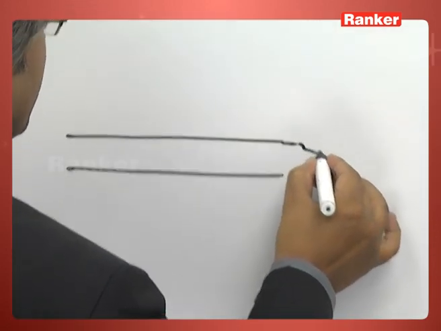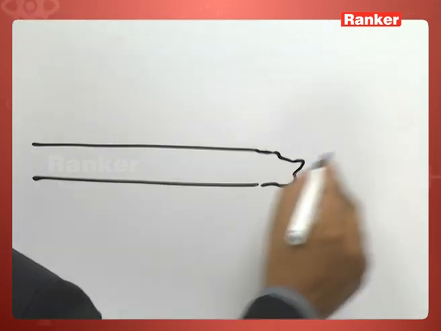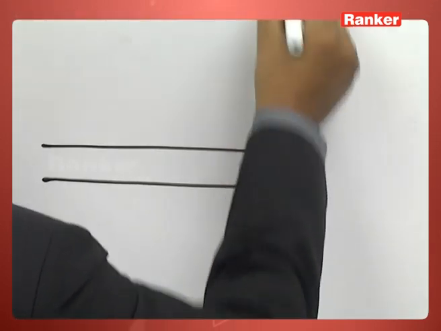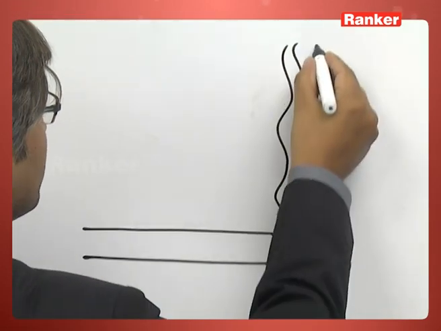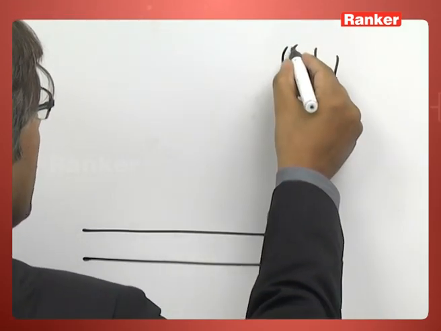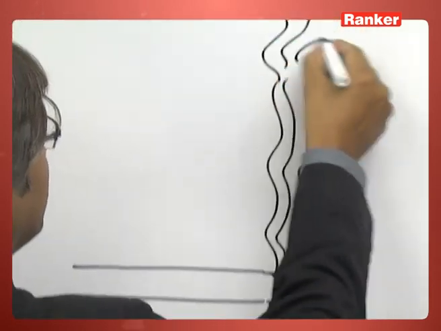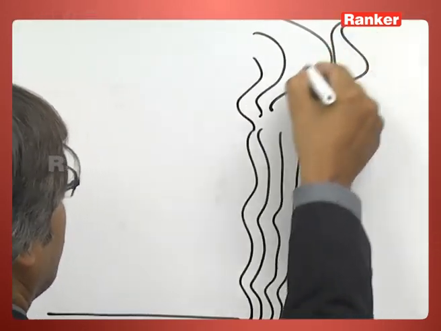You see this is the burning pot. We have seen that this is the laminar flow, the smoke comes out like this, but soon after some time it becomes turbulent.